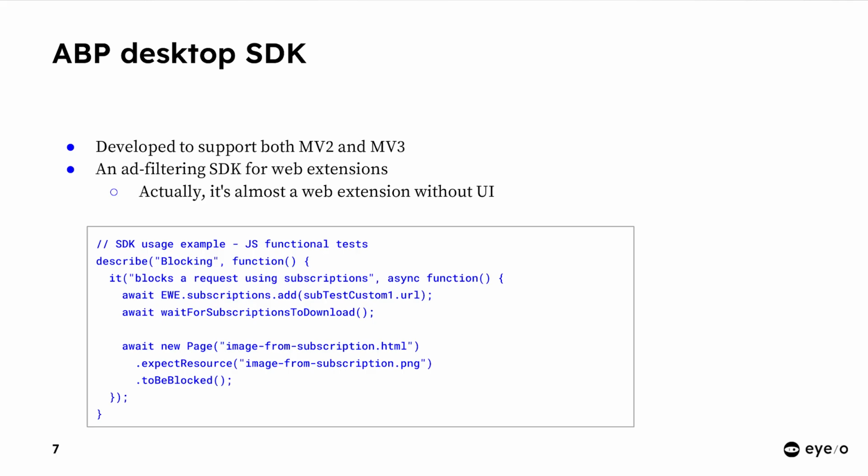And it's almost a web extension, but without any UI. So what we have here is an example of a functional test where it shows how the SDK by itself can be used, in this case, to add a subscription.